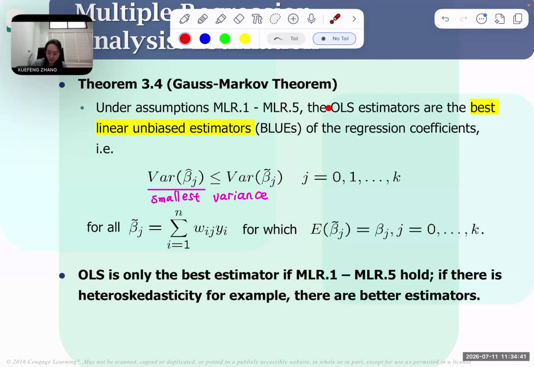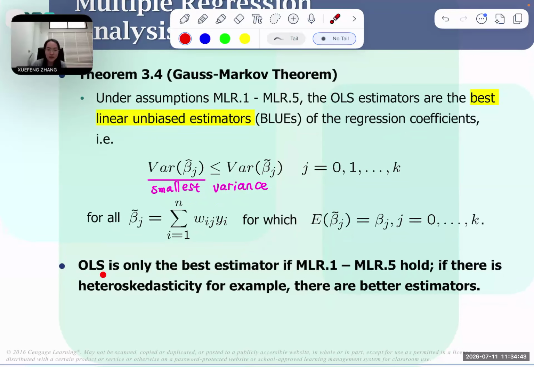But here is a critical warning. This best title only holds if assumption 1 to 5 are all true. If homoscedasticity fails, for example, OLS loses its best status, and other estimators can then beat it in precision.